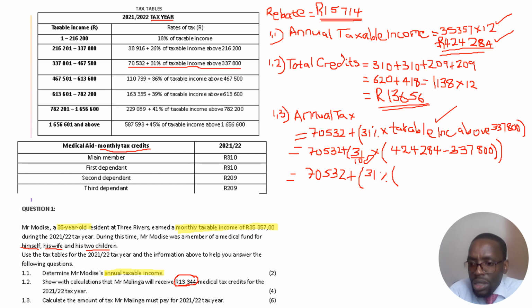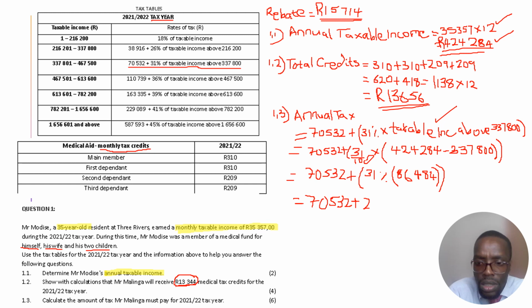In this case, the amount that is above is 86,484. If we solve that, your answer is going to be 70,532 plus 31% of that, which is 26,810.04.